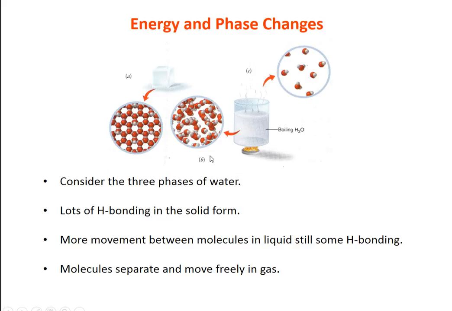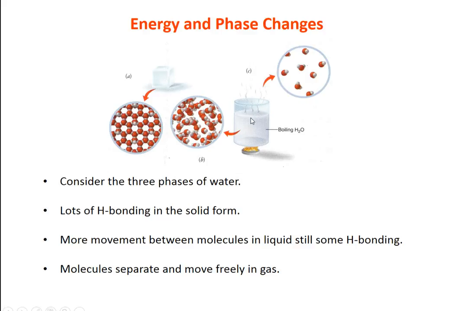If we keep heating up the liquid, there will be a time when the hydrogen bonding is broken, and the molecules are lifted away from each other. Now this is water in a vapor stage. That is what happens at the boiling point. We have some liquid, we have some gas.